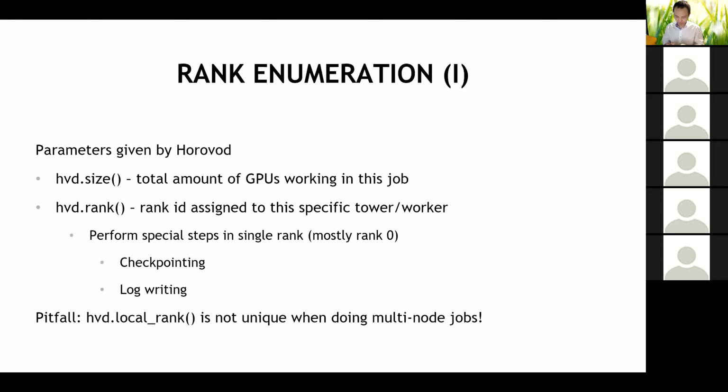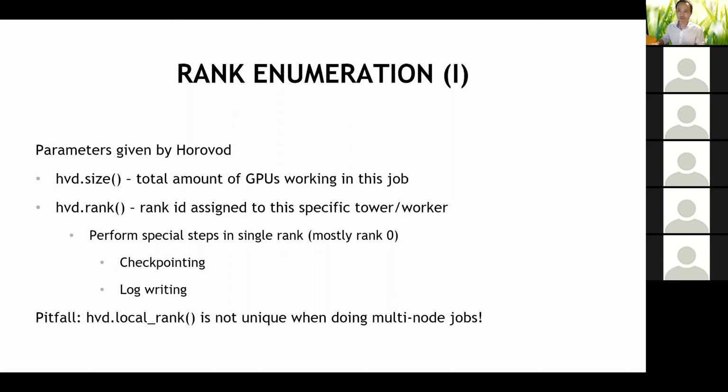Now a word on the rank enumeration. When you start up Horovod, it has a couple of parameters for you. You can ask for those parameters. You can type in hvd.size, and then it gives you the total amount of workers it spins up. That's very familiar to the MPI guys because they use the same thing.